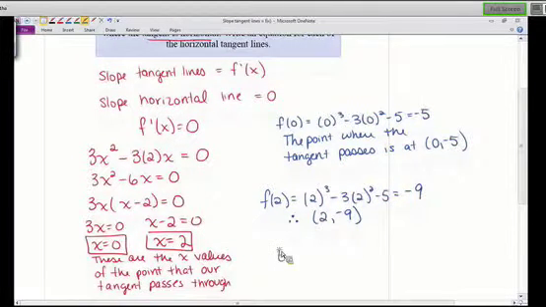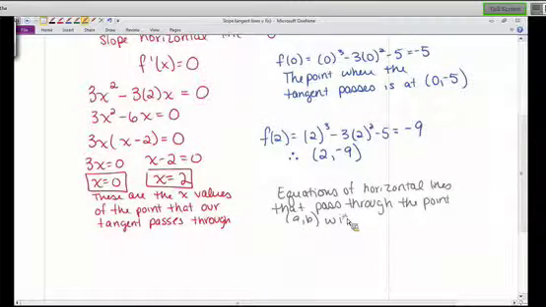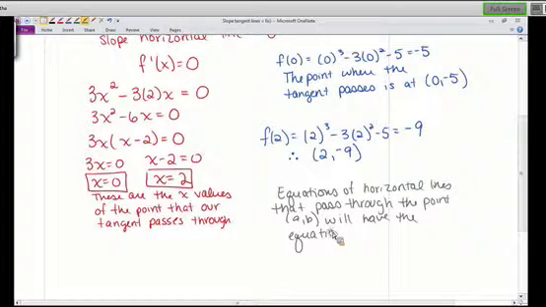Keep in mind, equations of horizontal lines that pass through the point a comma b will have the equation of y is equal to your y value, or your b, of the point that your line is passing through.